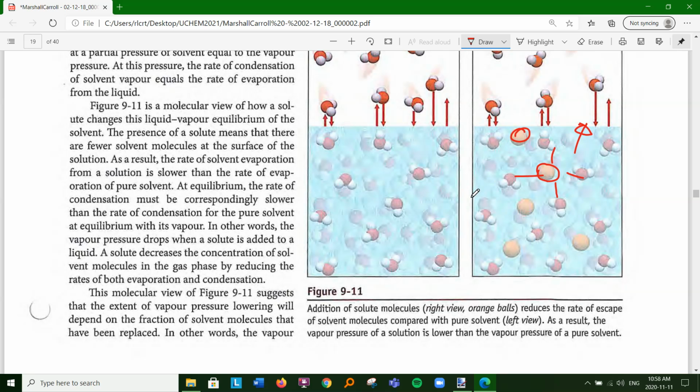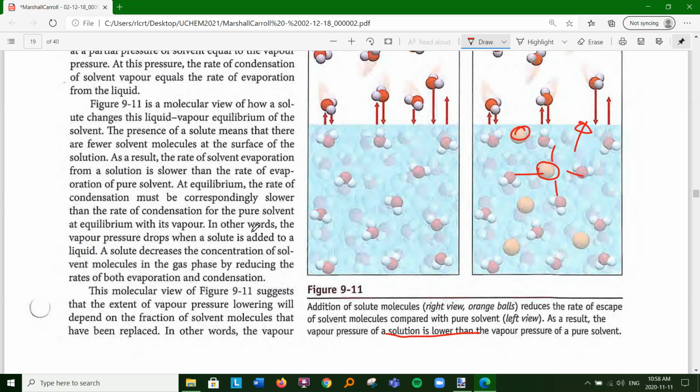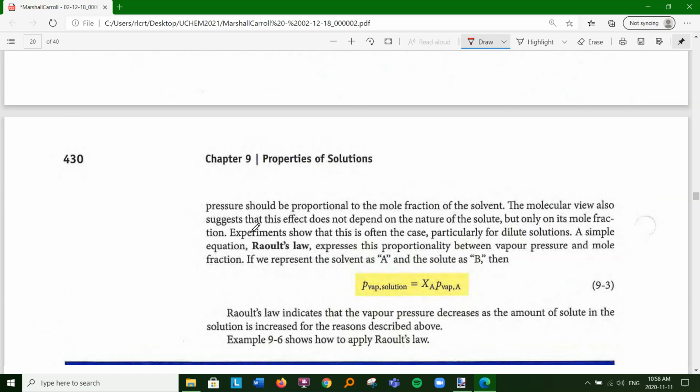So a few explanations. We're going to focus more on the results and the math behind it. But the vapor pressure of a solution is always lower than the vapor pressure of the pure solvent. Okay? And you can watch some animations about that if you want.